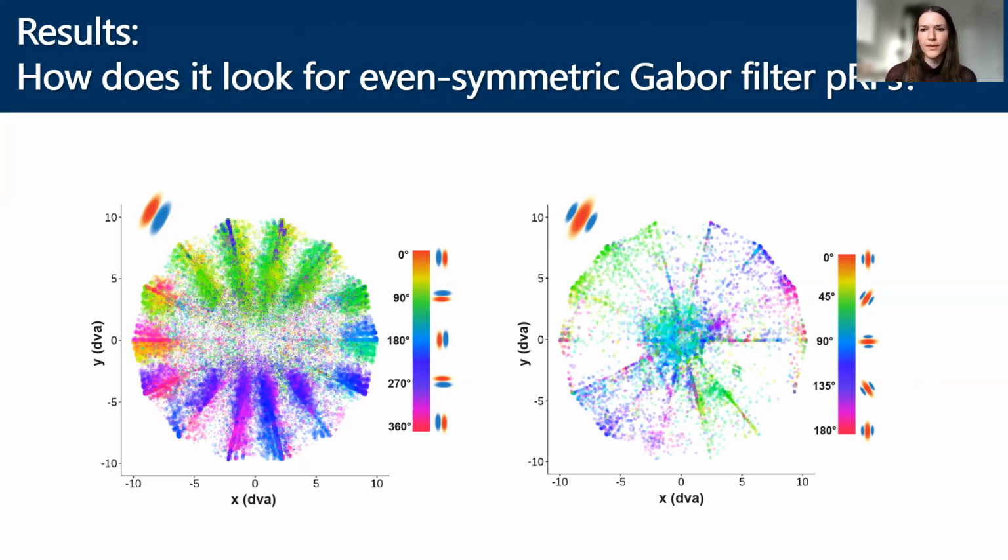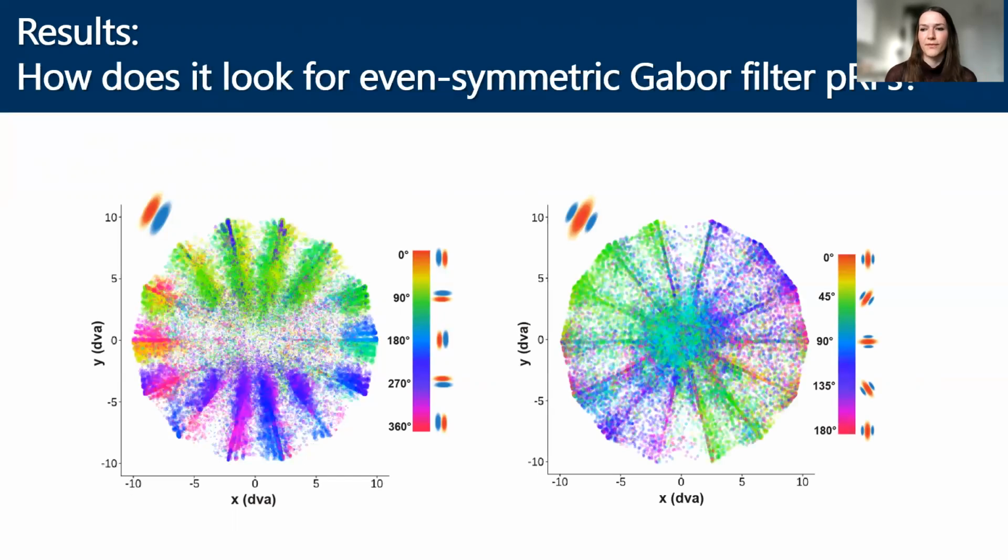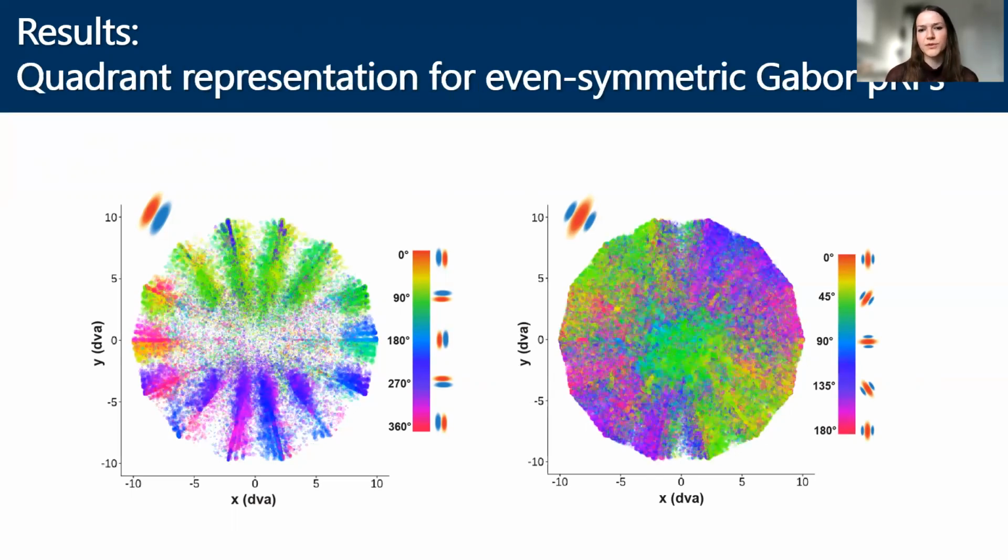And we start to see a more quadrant representation, which gets more pronounced if I show you the results for all subjects pooled across all visual areas. We see there is a clear split between the two diagonals, showing us that in the upper right and lower left we have fits which are centered on 135 degrees, and in the upper left and lower right we see fits that are centered at 45 degrees.